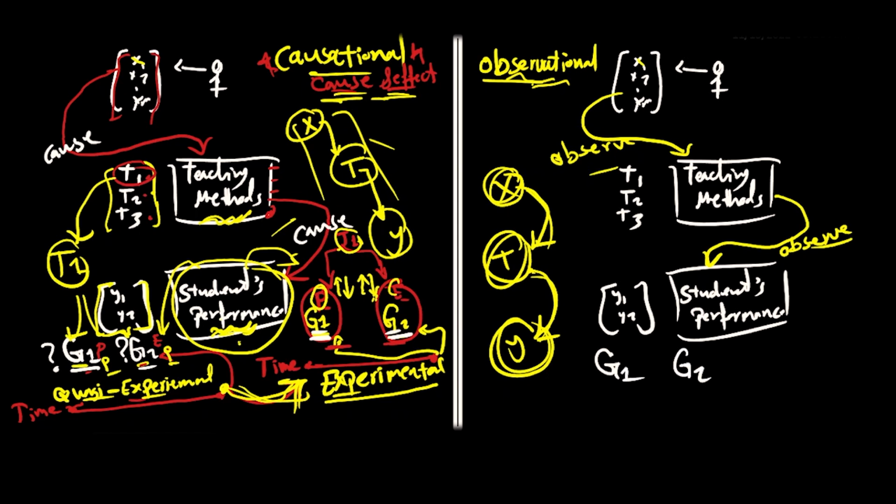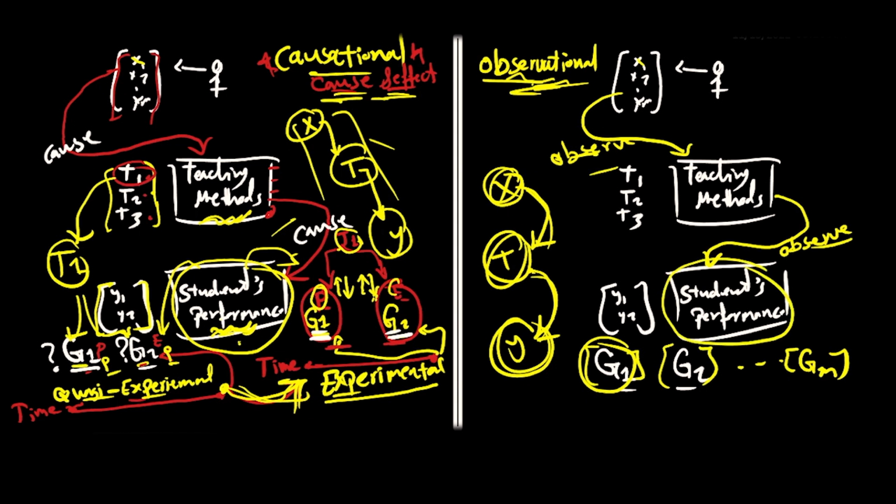It doesn't really matter how many groups you choose, but what really happens is after you measure the variables for the number of groups, as many as you like, what happens if I am just observing whether there is a relation between the teaching methods and the student performance. This kind of investigation or line of investigation is called correlational. So in this case, I report whether a correlation exists between student performance and teaching method.